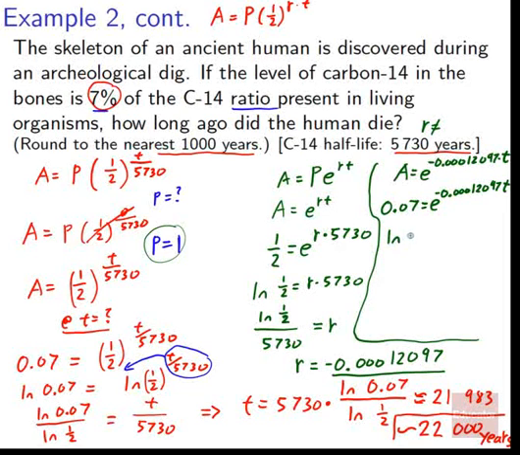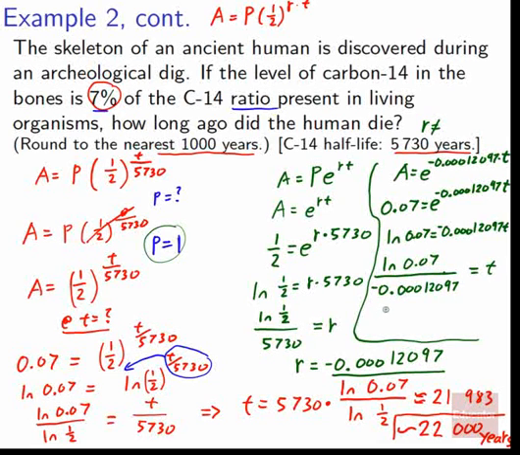We've got natural log of 0.07 equals negative 0.00012097 t, because the exponent just comes down when we take the natural log. So now we can divide the natural log of 0.07 by this whopping negative, well, actually very tiny, but very long number, 0.00012097, and that equals t.